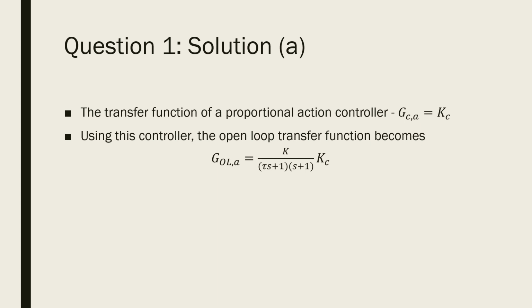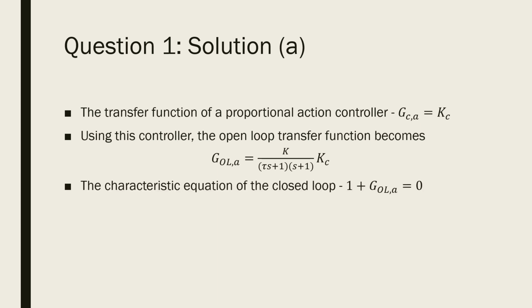This open loop transfer function is represented by G_OL and is given by K over (tau s plus 1) times (s plus 1) times Kc. The characteristic equation of the closed loop described by the above controller is given by 1 plus G_OL equals 0.